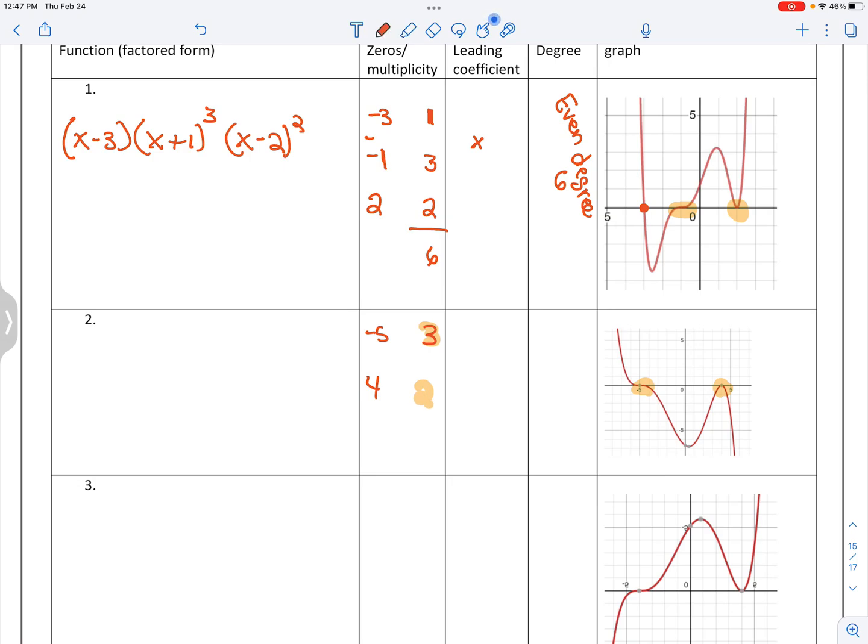We're going to say that's 2. So then my degree is 5, and it's odd. Notice that it starts and then goes down, so that makes my leading coefficient negative. So how do I write this? Negative x plus 5 cubed, x minus 4 squared.